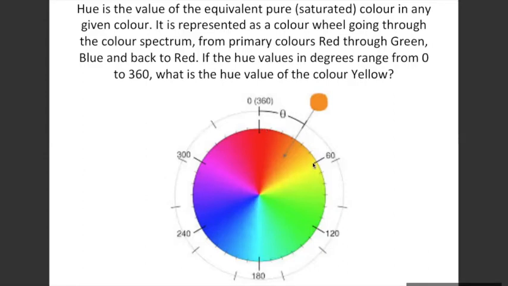And the color yellow will be between red and green, which is here, which is 60 degrees. This is clear? That's why I said you need to draw the color wheel. If you had drawn red, green, and blue, you'd easily be able to place where yellow, where magenta, and where the cyan would be.